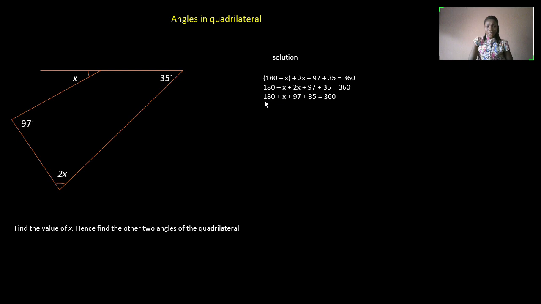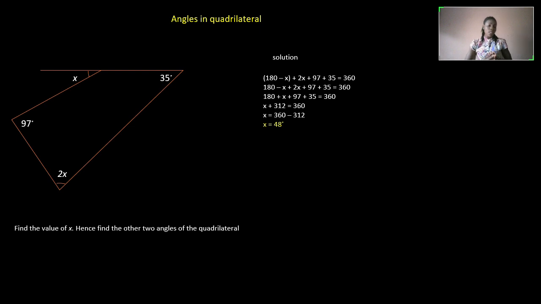So we are going to add these together. We are going to have x plus 312 equals 360. So our x is equal to 360 minus 312, giving us our final value for x as x equals 48.